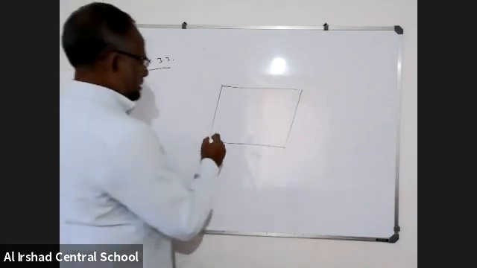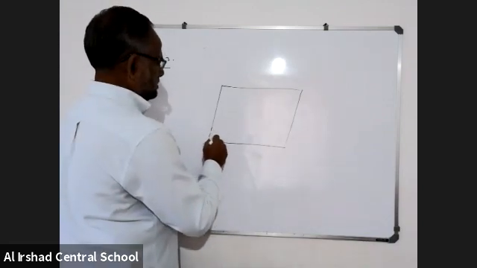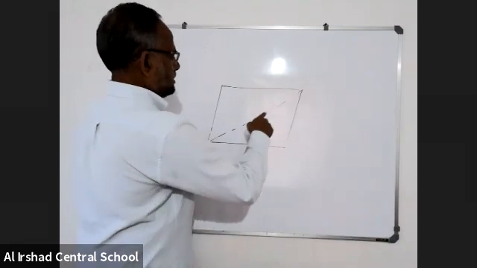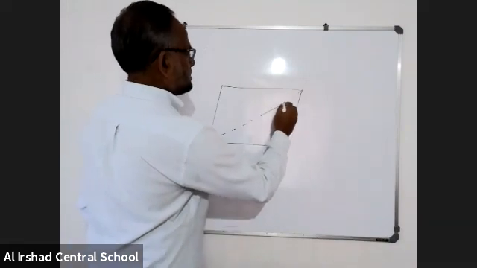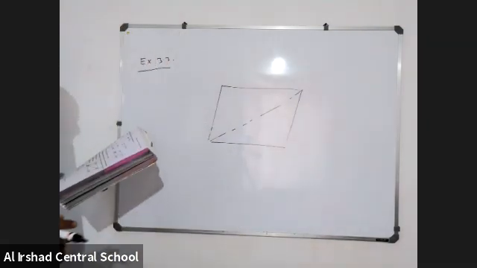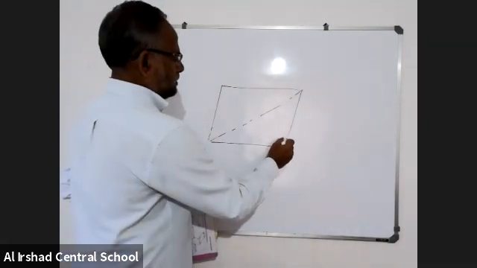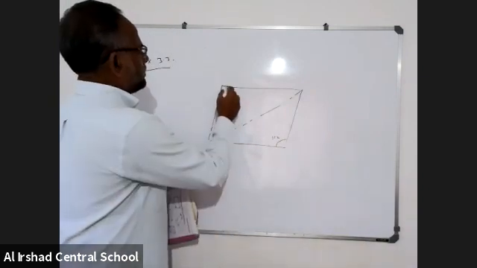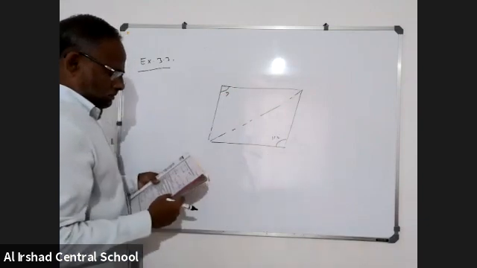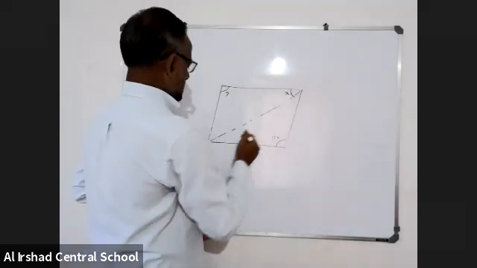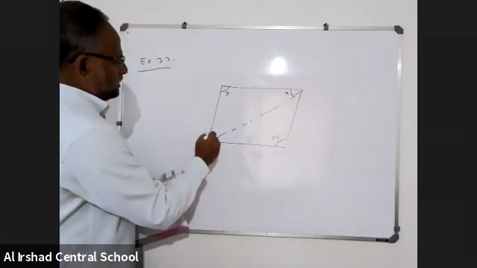Here, the diagonal is given. This is the diagonal. This is 112 degree. Then you have to find out this y. Then this is given x, not this full. Here, this 40 is given.